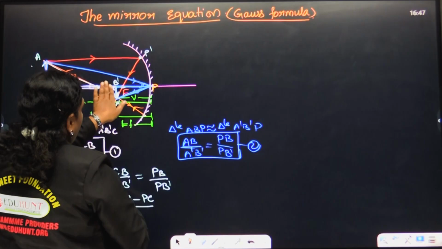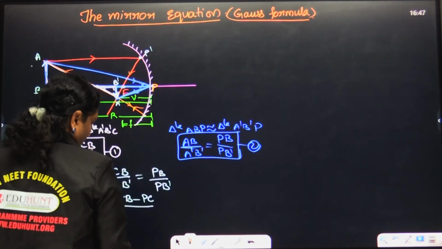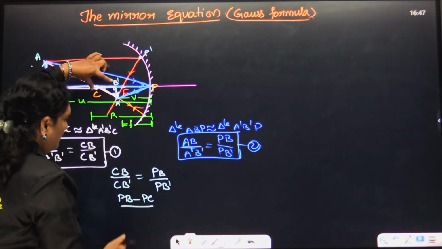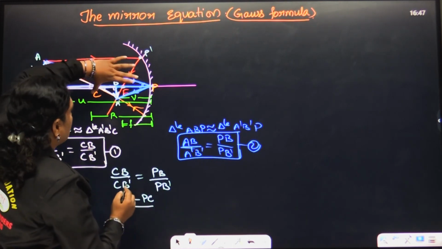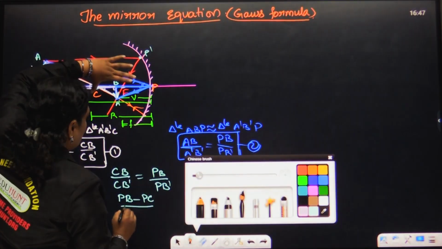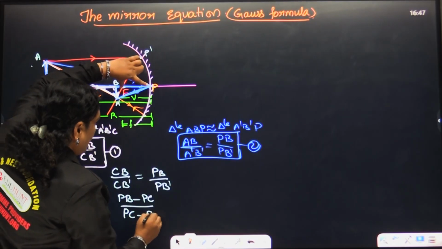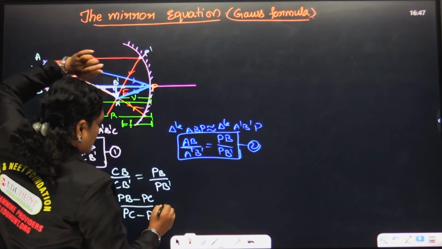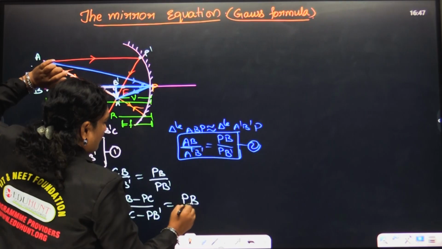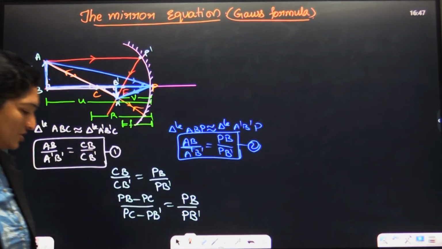CB dash can be written as PC minus PB dash. So, CB dash can be written as the total length, that is PC, minus this portion, that is PB dash. I hope the equation is clear, children.